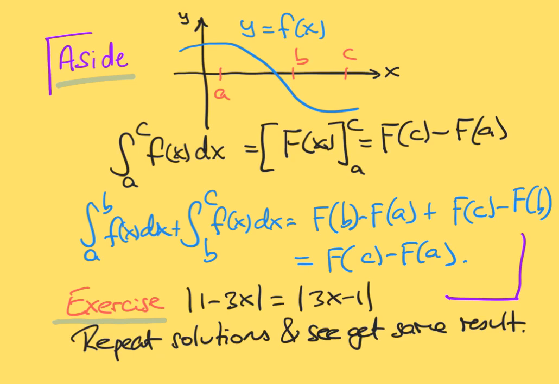So to complete this video, I'd like to just look at the claim that I just made on the previous slide, that if you have a function defined by a single rule, so y is some function of x, is not a modulus, and we want to integrate, say, from x is a to x is c, then we have the result that the integral of this function is going to be some antiderivative, an integral of the function little f, I'm calling it capital F of x, evaluated between c as the upper limit and a as the lower limit.